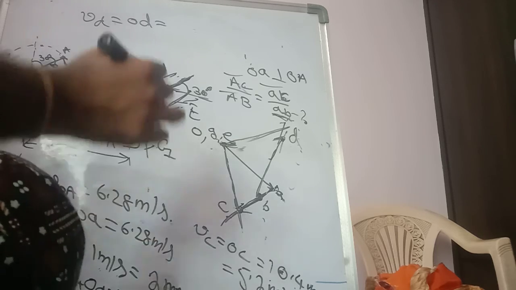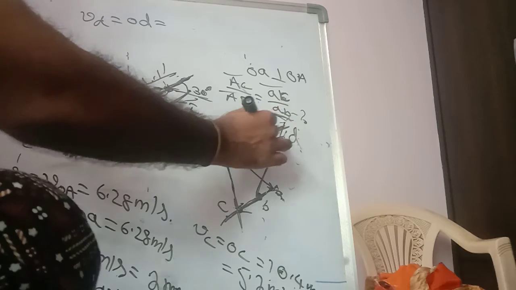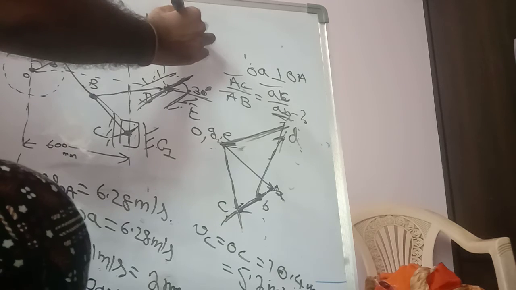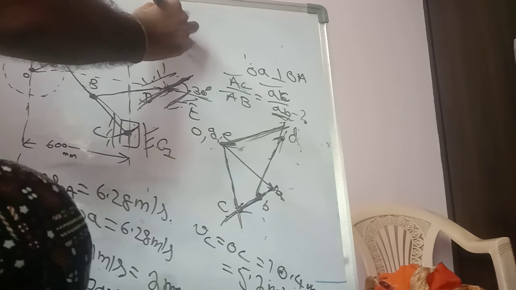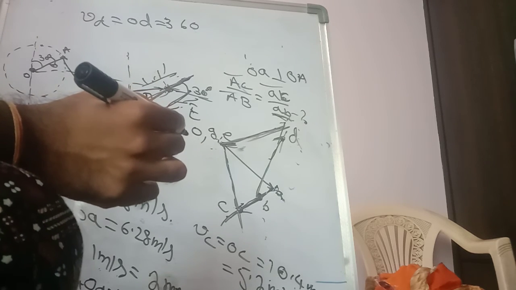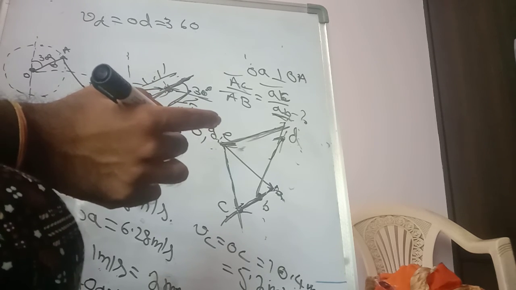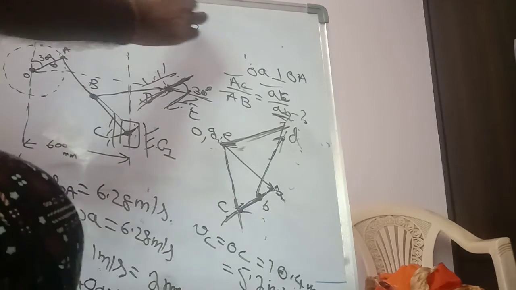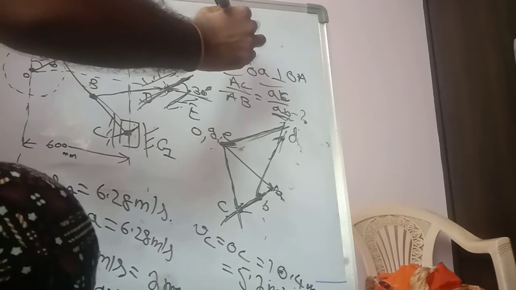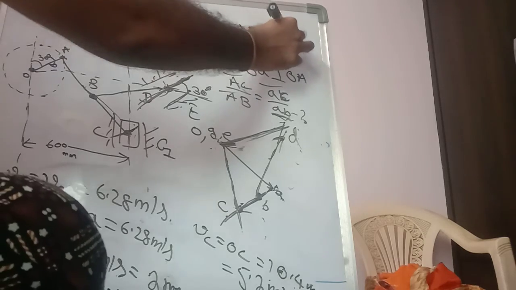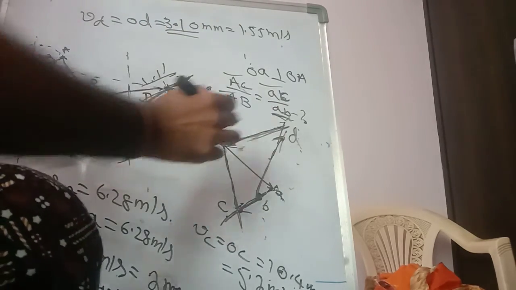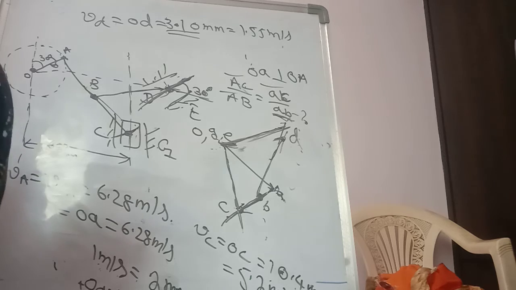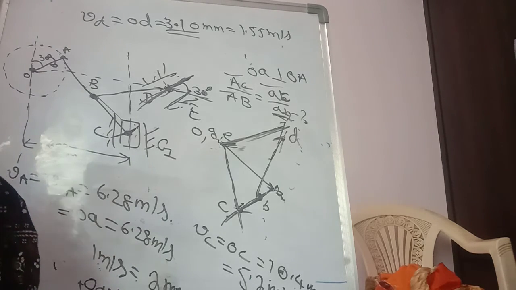If you measure this length and suppose it is 3.10 mm, then because the scale is 1 meter per second equal to 2 mm, we will get 1.55 meters per second. And also we have to find out the angular velocity.